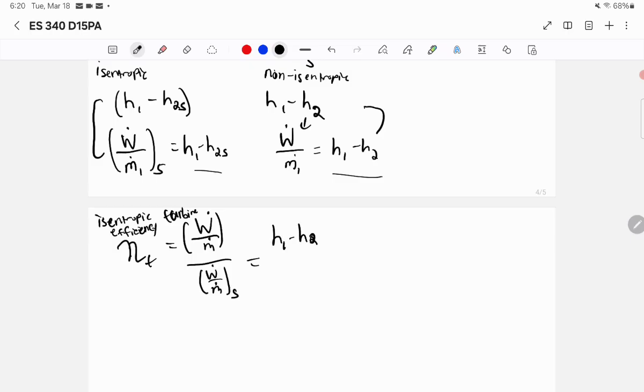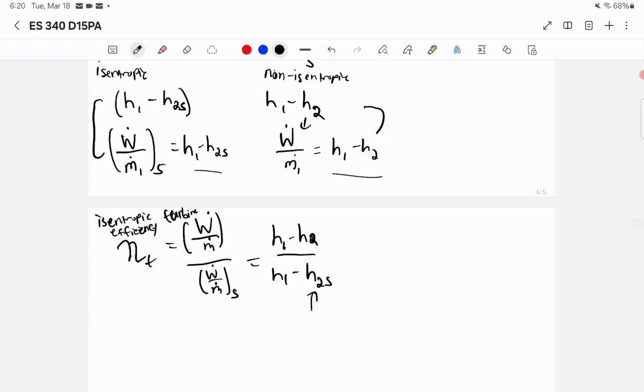So that's the actual enthalpy values divided by h1 minus h2S, which is the one assuming that I was isentropic. Okay? There we go. We're going to get very similar things for other things.